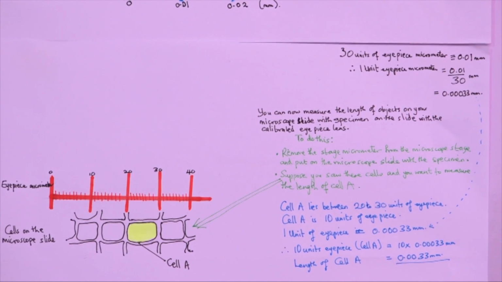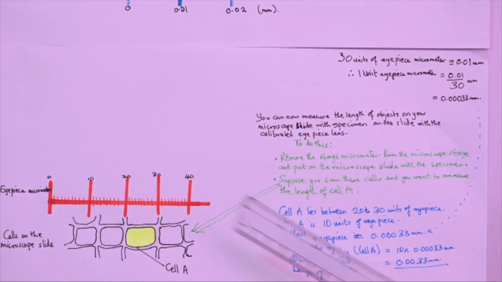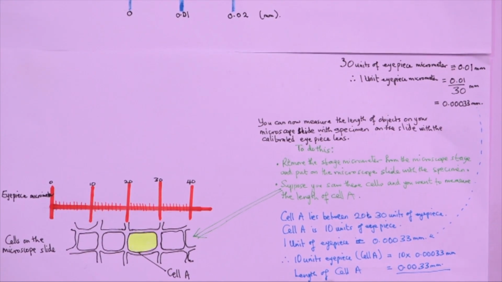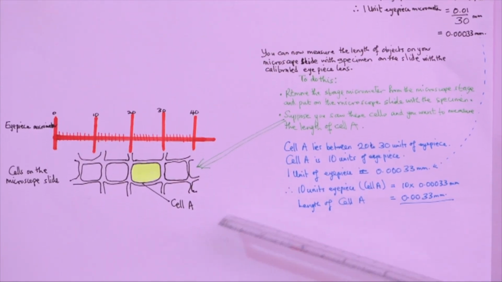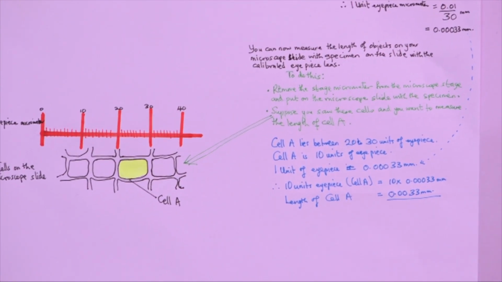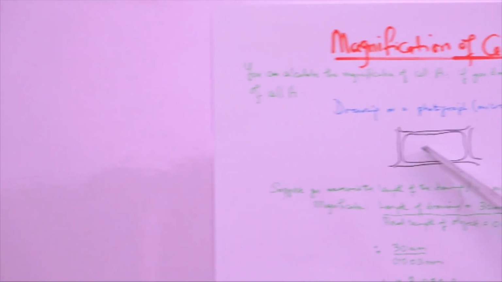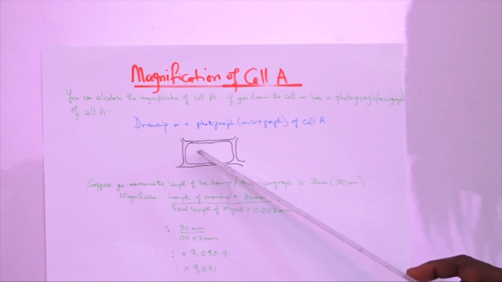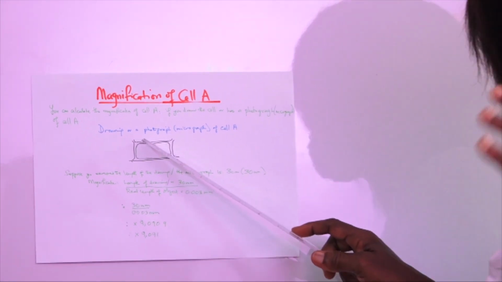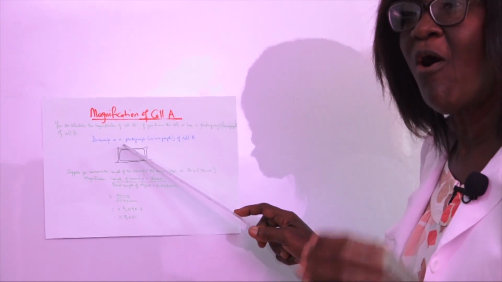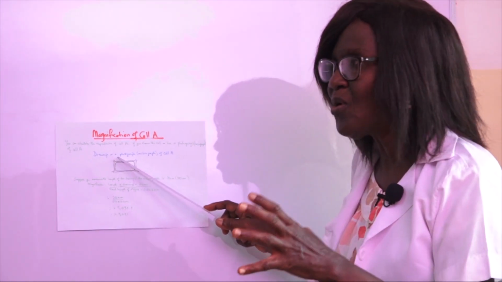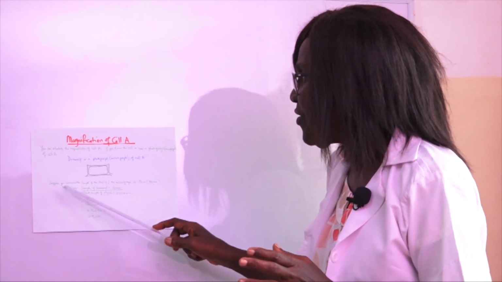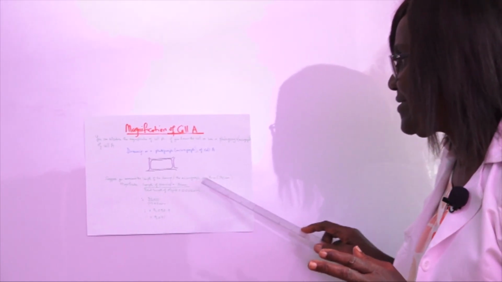Having known the length of this cell, we can calculate the magnification. If you draw the cell, or have a micrograph of the cell, and you want to find out how much it is magnified, this is how we do it.